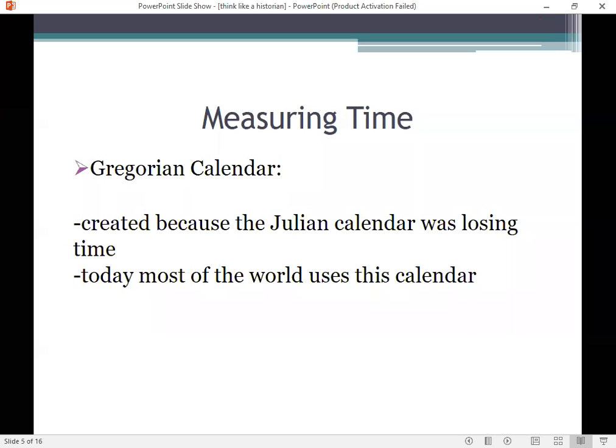Pope Gregory discovered that the Julian calendar was losing time. It did not have the 7 days of the week, it did not have full days of the month, so they were using lots of time in the year. So he created the Gregorian calendar, which is the calendar that we use up until today.